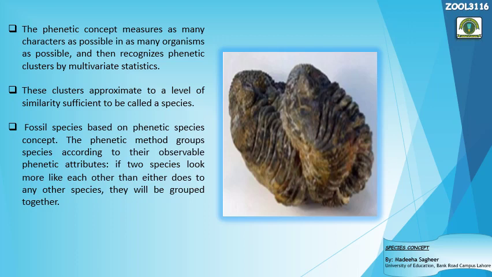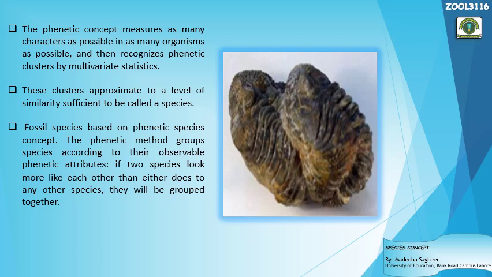Once they take a large number of organisms and study and compare their characteristics, they use multivariate statistics. Multivariate statistics means that they use different variables at the same time. They can calculate or measure different characters of different organisms at the same time.